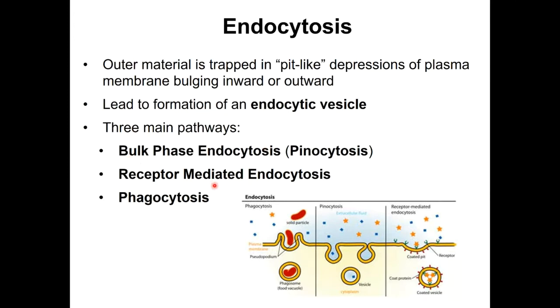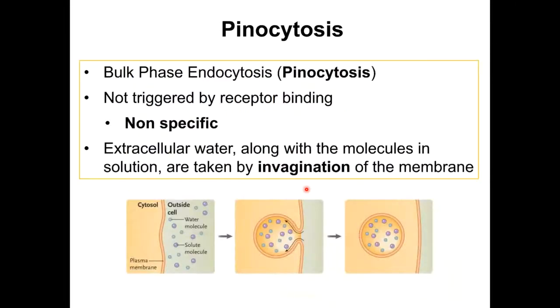Whereas the other two movements, receptor-mediated endocytosis and phagocytosis, are mediated through the specific recognition of whatever is outside. So the formation of the vesicle takes place only when that specific material is detected through receptors and therefore is brought in, so it is a specific type of movement.